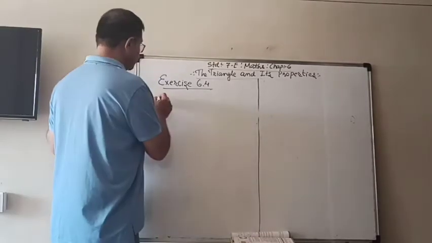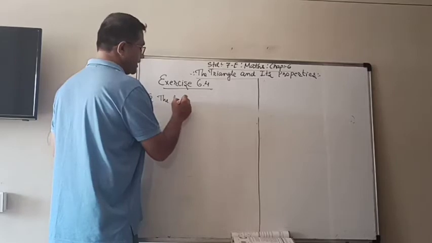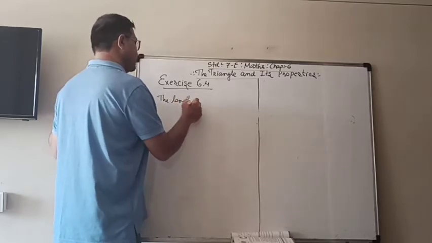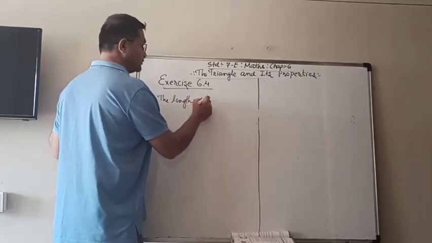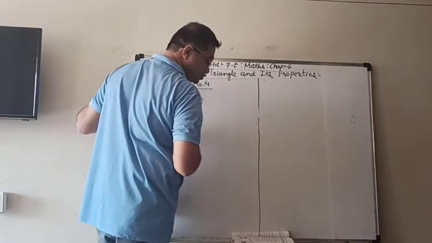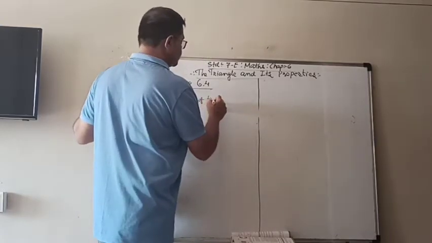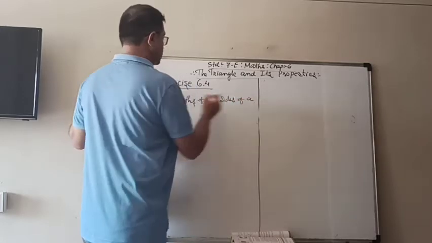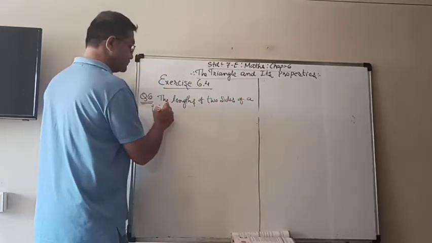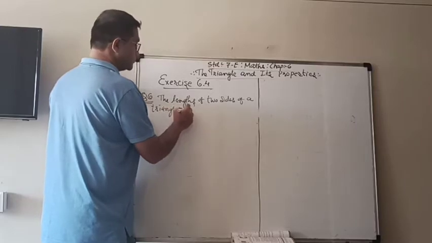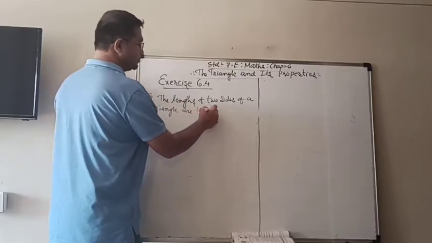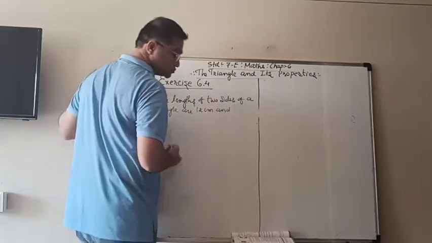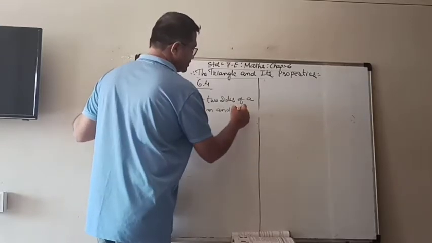The lengths of two sides of a triangle are 12 centimeter and 15 centimeter.